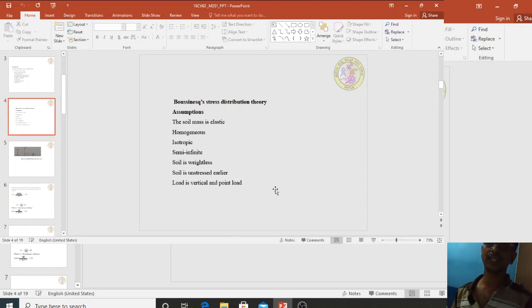So many scientists have come forward to explain the stress distribution theory. Some of the theories are accepted worldwide. Among them, important theories are: number 1, Boussinesq's stress distribution theory; number 2, Westergaard's stress distribution theory; number 3, Newmark's stress distribution theory; number 4, Meyerhof's stress distribution theory; number 5, I.S. Code provision method of stress distribution theory.